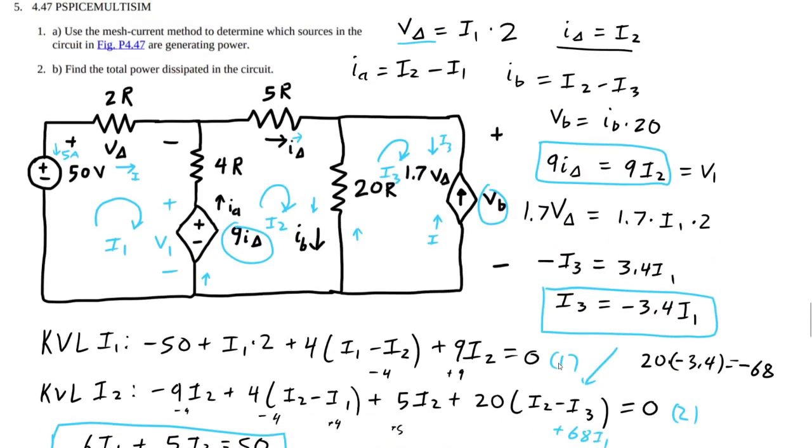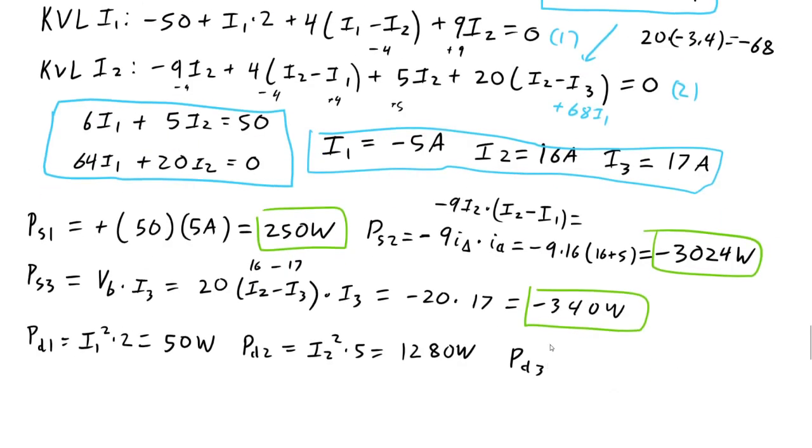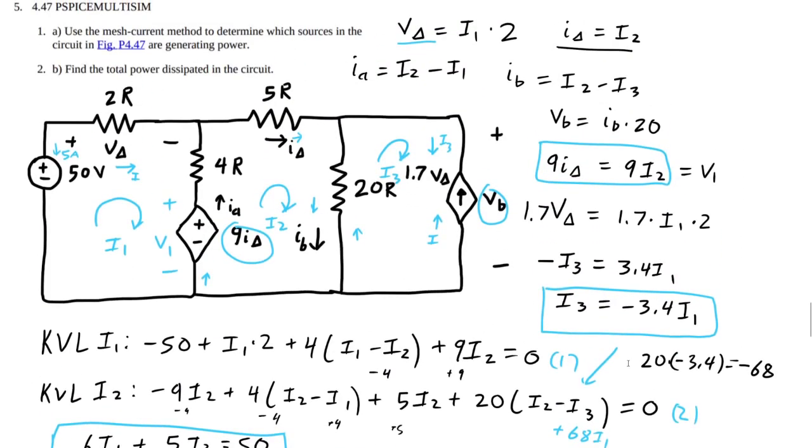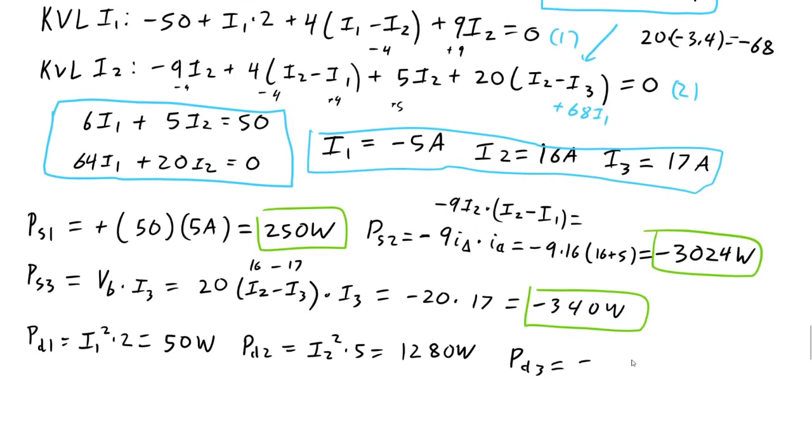So that's going to be IA squared times R. So IA is I2 minus I1 squared times 4. So I2 minus I1 is 21. We just did it. Yeah. So 21 squared times 4, 1764 watts.